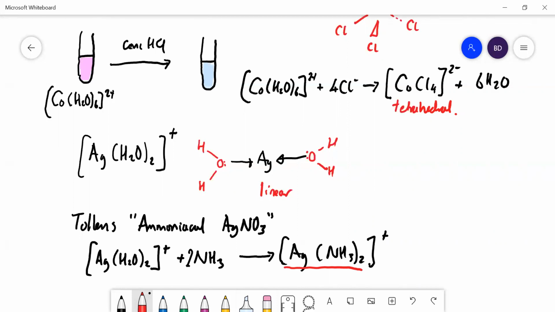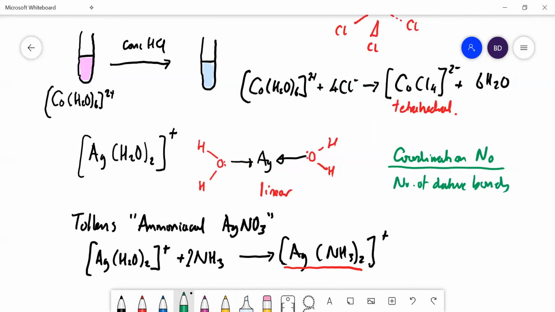Okay, again, right. So one last thing before we finish off, we've got to just define what this term coordination number is. Coordination number is the number of dative bonds formed to the central ion.